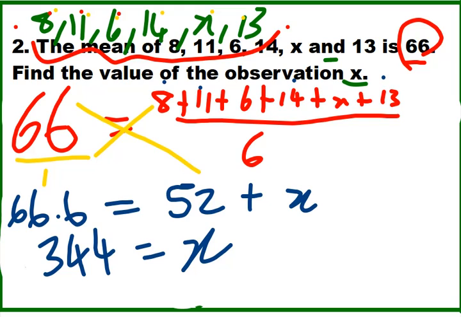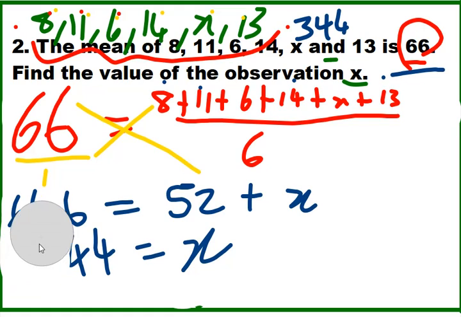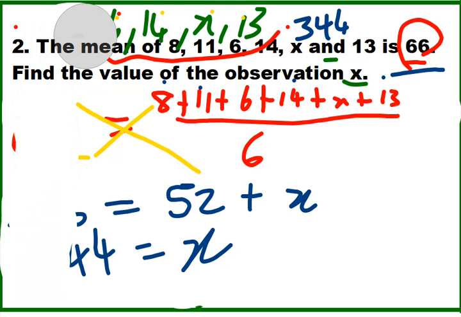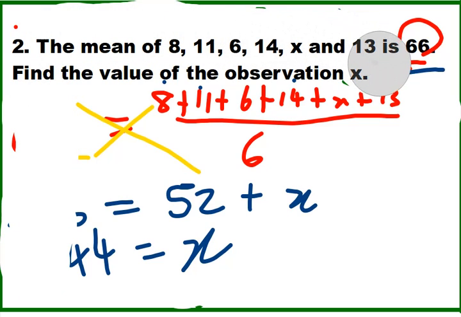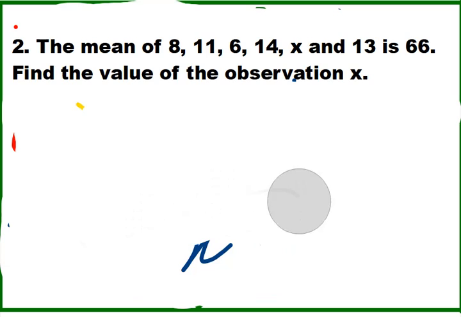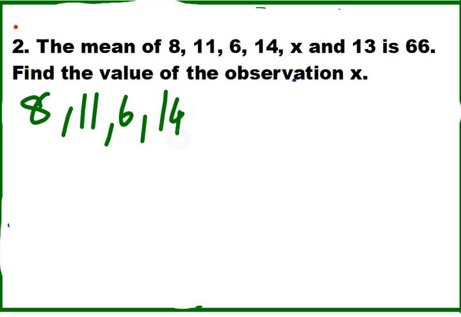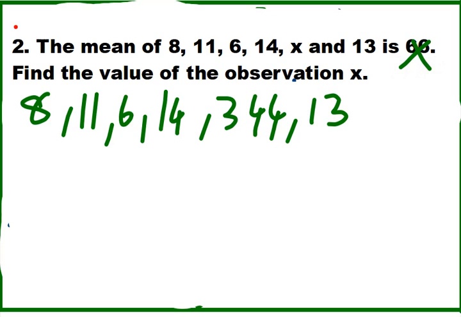So let's check if we got the right value for x. We're going to work as if we were not given the 66, but we were given x. So let's erase so that we have space to work. Let's say we were given 8, 11, 6, 14, 344, and 13, and we're not given the mean.